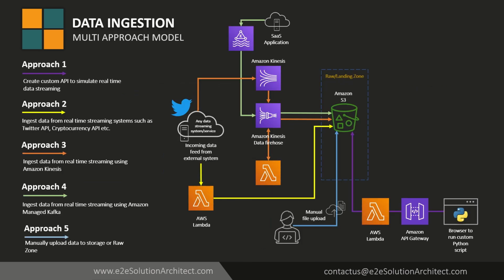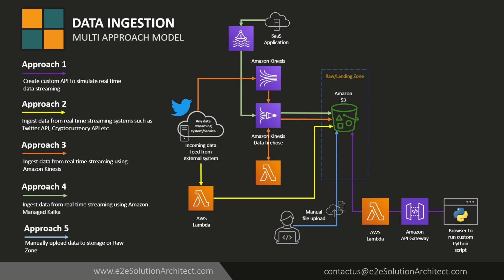So as an example, in this session we will be covering approach 1 of data ingestion, and in approach 1 it is basically to create a custom API to simulate real-time data streaming. Now let's understand why we are creating a custom API to simulate real-time data streaming.